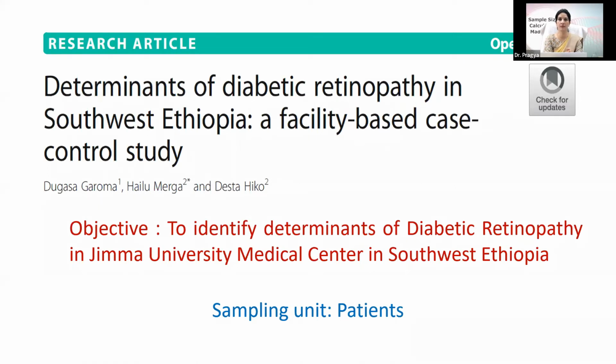So the outcome is diabetic retinopathy. Yes, it is right. And the exposure we don't know because it says determinants. There may be many determinants.